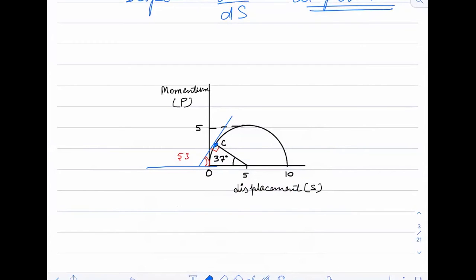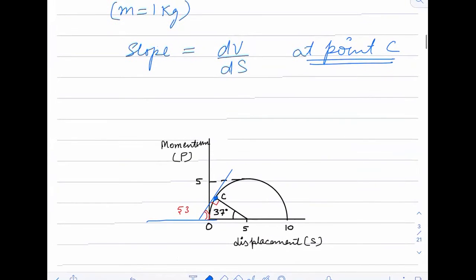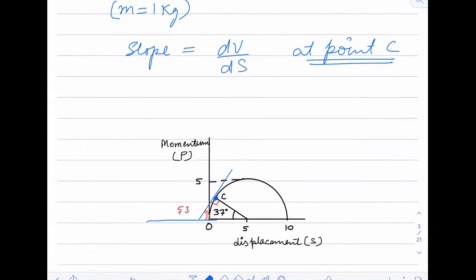So now the value of slope at point C is tan theta, and theta here is 53 degrees. So we can directly substitute the value 53 here. So tan 53 is the value for dv by ds.